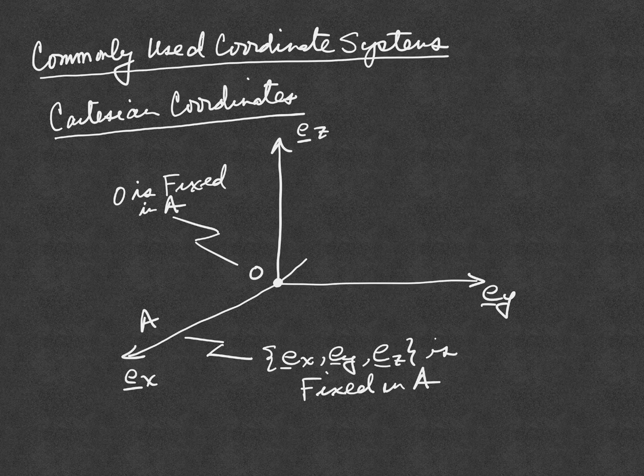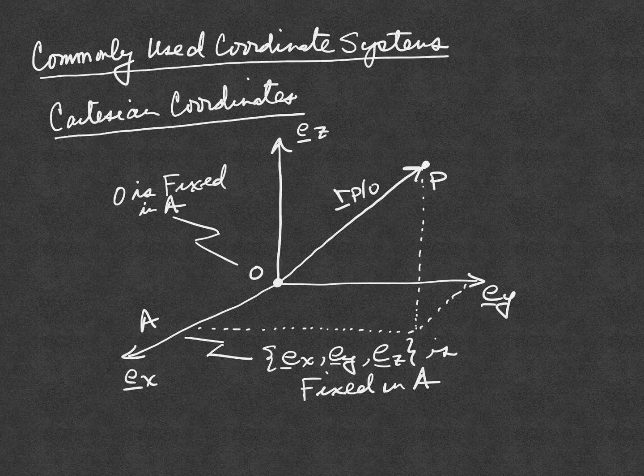So now imagine that I have a point P. So there's point P. And the vector from O to P is the position of P relative to O. Now, given the way I've described this coordinate system, I can now take the components of this vector in this basis, give them names, and set up components.